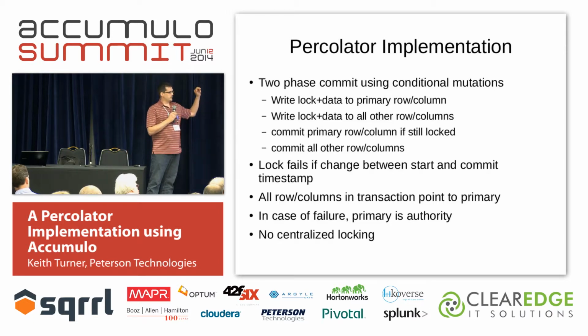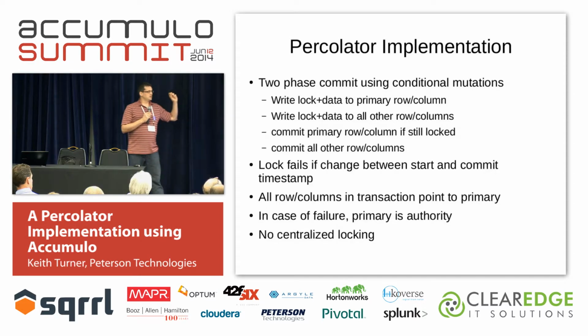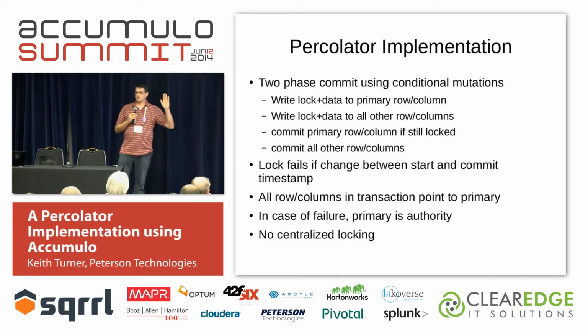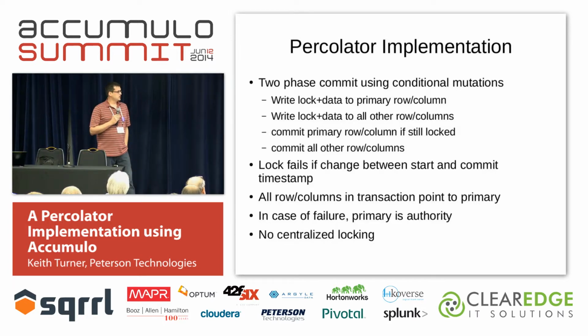But walking through the two-phase commit, if you're writing to, say, 20 row columns, Percolator will pick one of those as the primary. Then it will try to lock that column. It'll write some special data into Accumulo using a conditional mutation to lock the column. And if it successfully locks the primary column, it'll use conditional mutations to lock all of the other row columns in Accumulo.